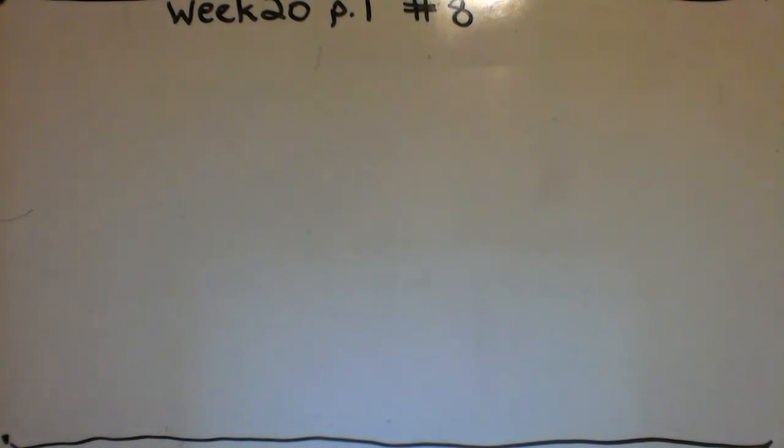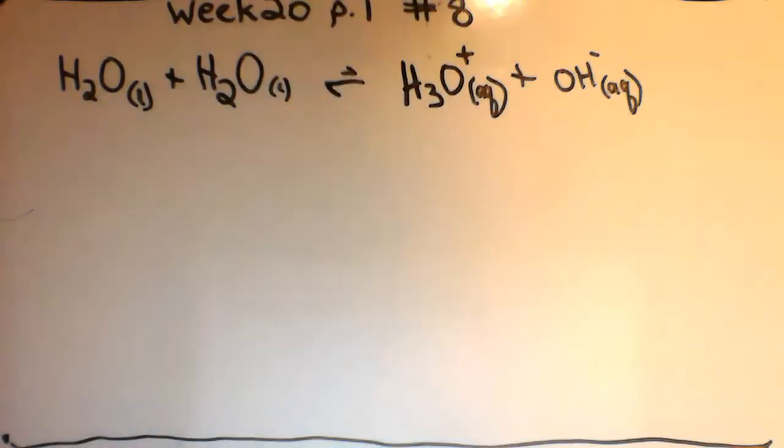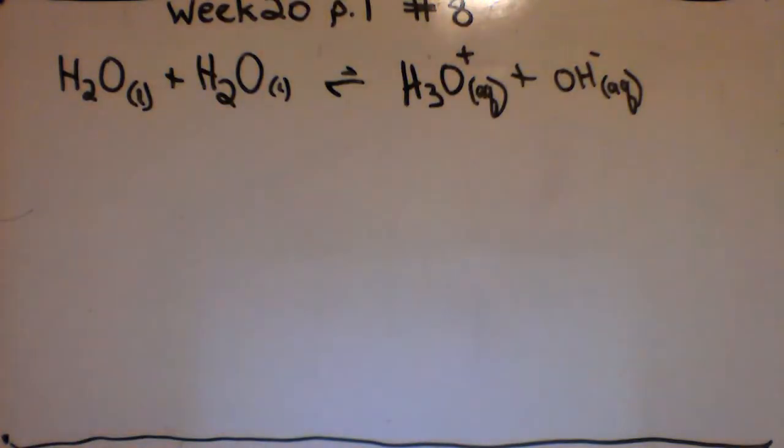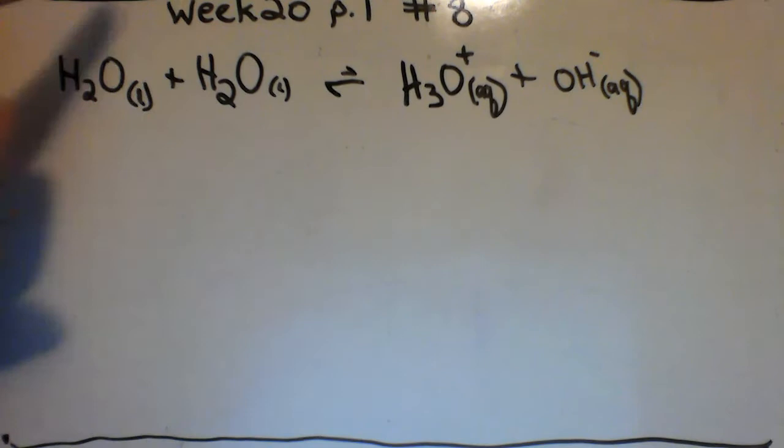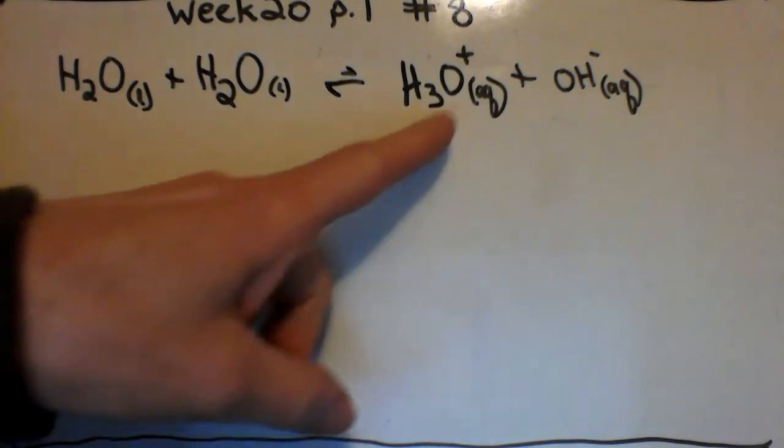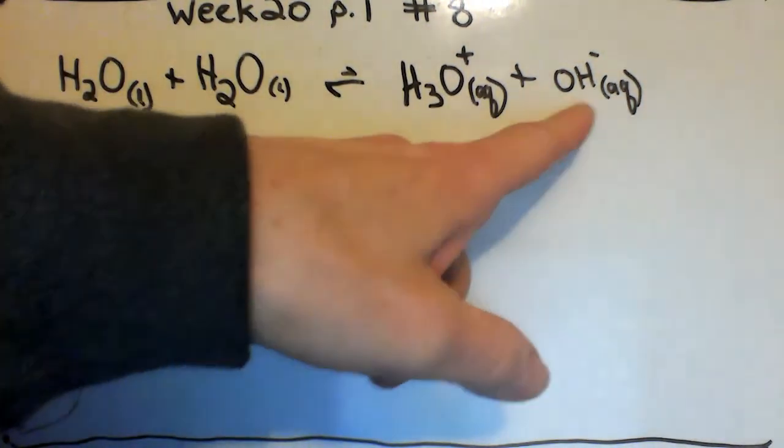Let's start by talking about the equilibrium constant for the self-ionization of water. If we have a container of water, we can say we have water added to water. If we add water to water, a very small amount of it will ionize, forming hydronium and hydroxide.